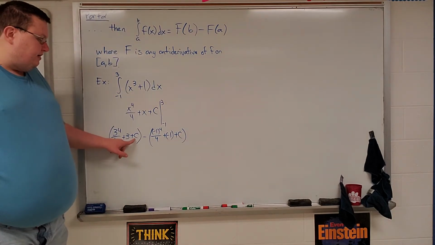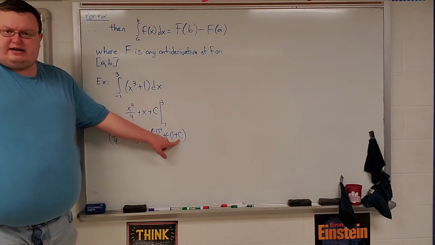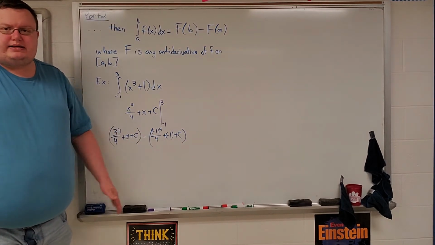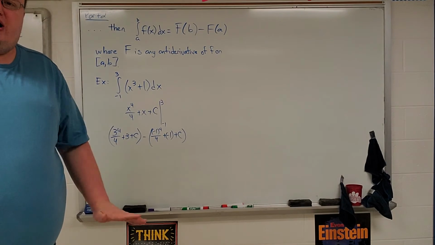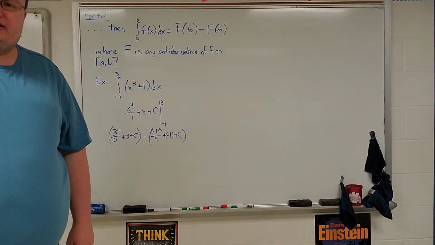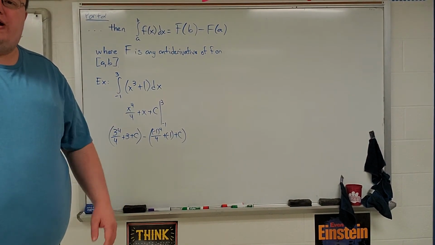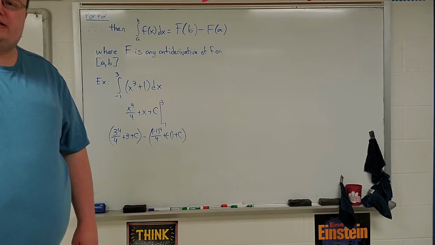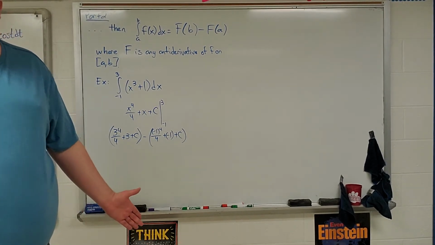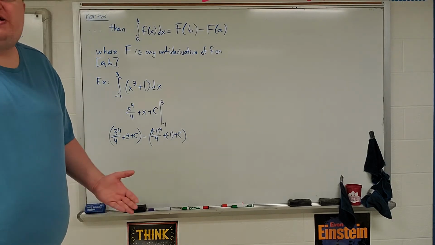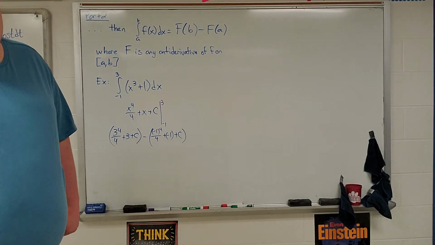Now notice I'm going to end up having c minus c. The constant's going to cancel itself out. On definite integrals, you do not have to worry about putting the plus c. I know when we anti-derived before, you put the plus c, and I'd rather you put the plus c and realize that it's going to subtract out than to not put the plus c later on when we do indefinite integrals in the next chapter.